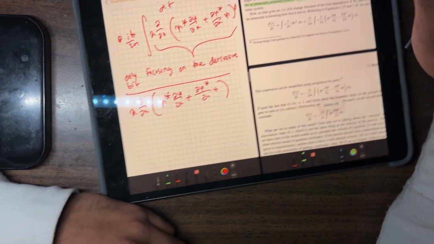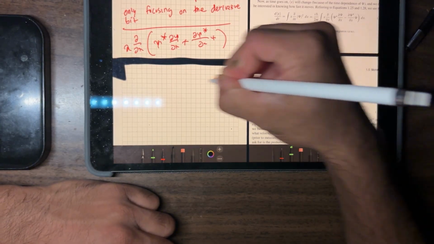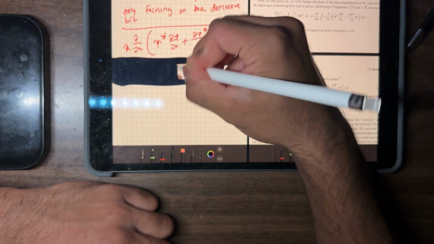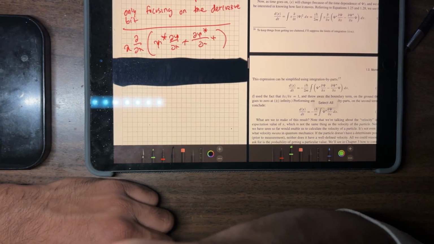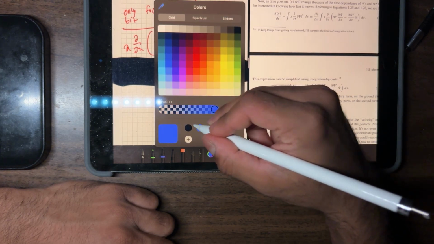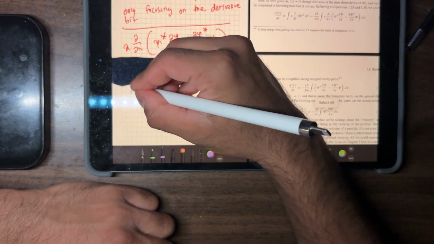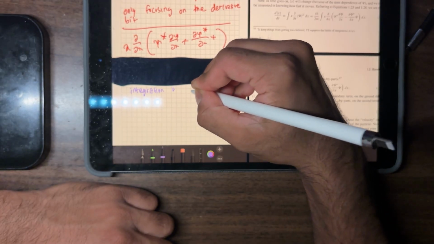Okay, let's write the general integration by parts.